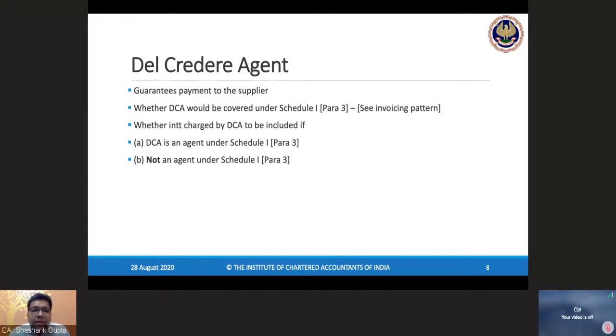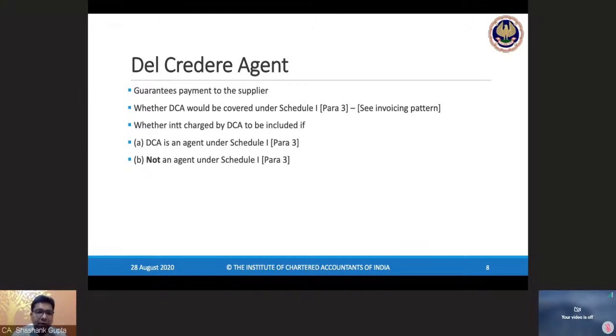Now, one friend, a student, was asking yesterday, what is a Del Credere Agent? What is the relevance of a Del Credere Agent? What is special about a Del Credere Agent under GST? And I had briefly mentioned that the difference between a normal agent and a Del Credere Agent is this. Mr. X appoints an agent in Delhi, he says, I manufacture these AC remotes, find buyers for me, and on the orders that you book for me, I'll give you 10% of it.